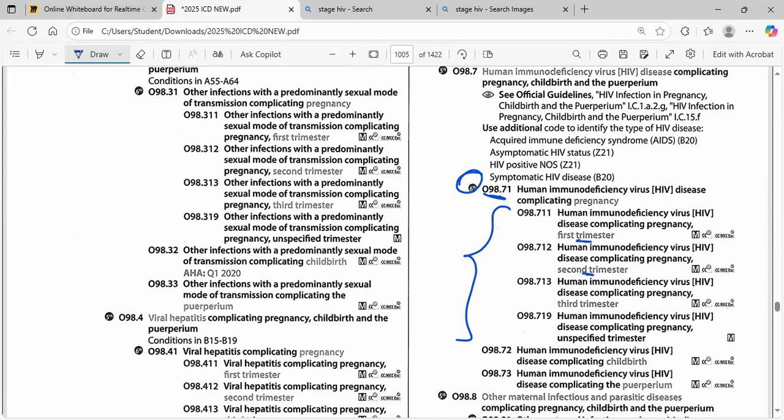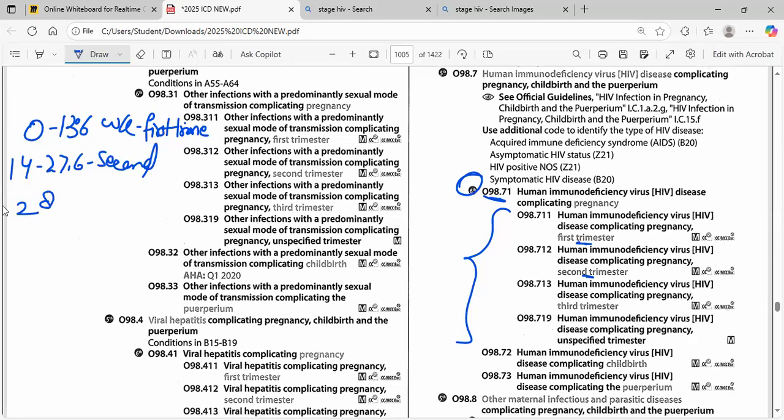We use first trimester when the lady is 0 to 13.6 weeks pregnant.